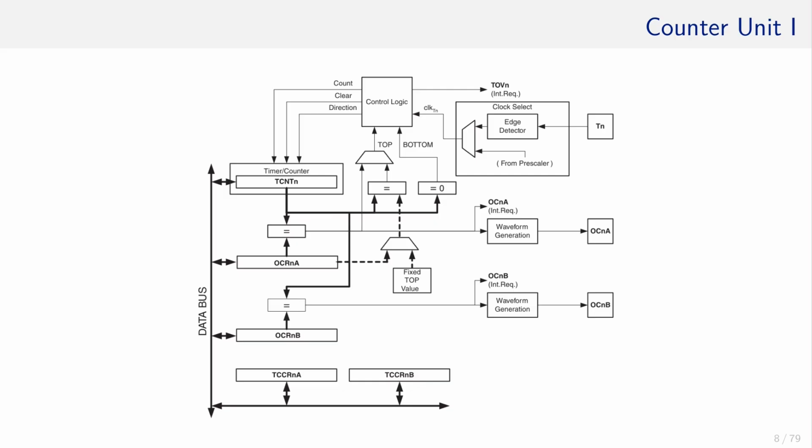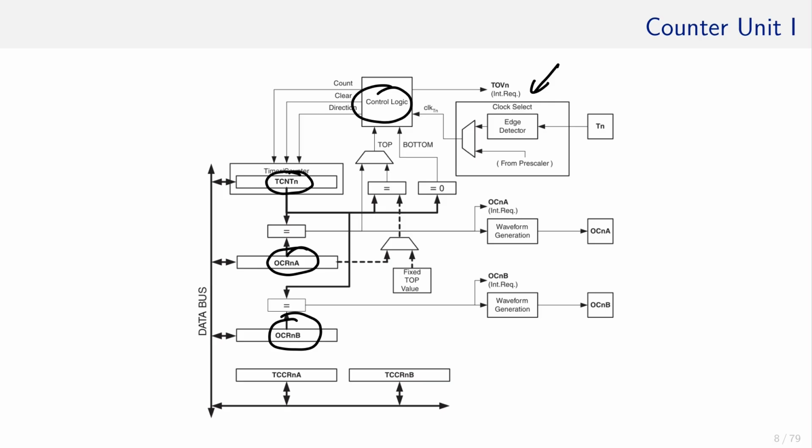On top, we have some control logic and clock generation. Then we have the TCNT register, which does the counting. We also have OCRnA and OCRnB, which stands for output compare register, so they are used for some comparison.